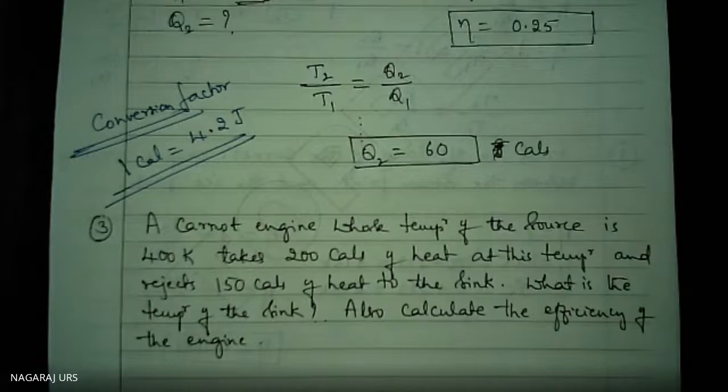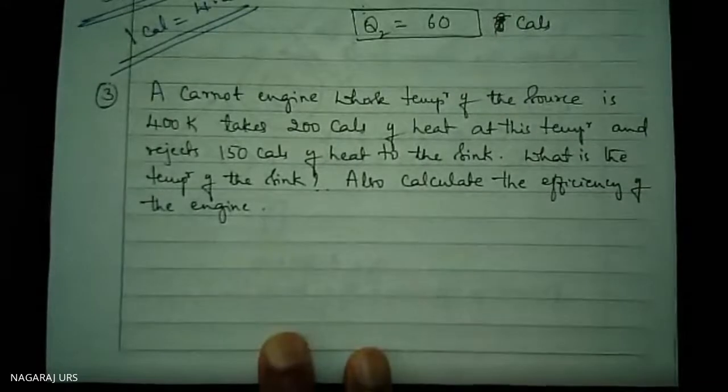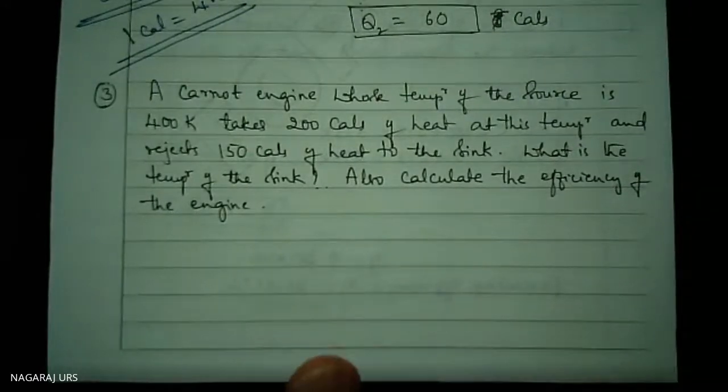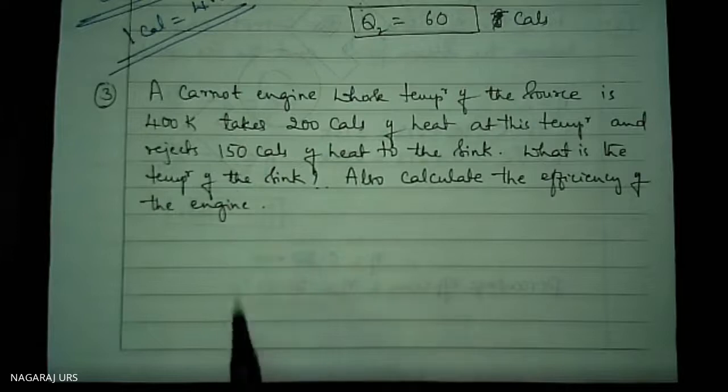Okay, first you read it. I will ask any one of you. You tell me what are the data that I am supposed to write here. First you read the question, understand it. While solving the problem, remember this: don't answer the problem unless you understood the problem. Before understanding, don't start your answers.